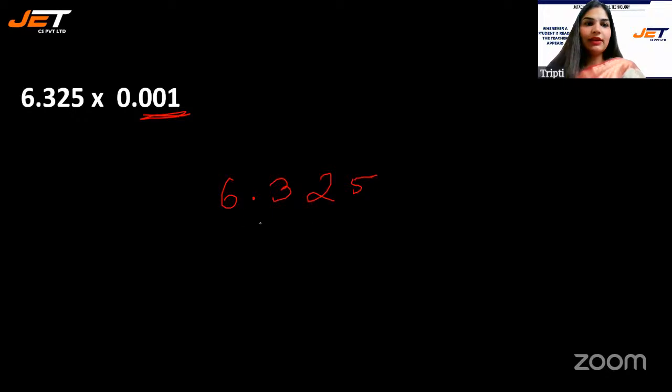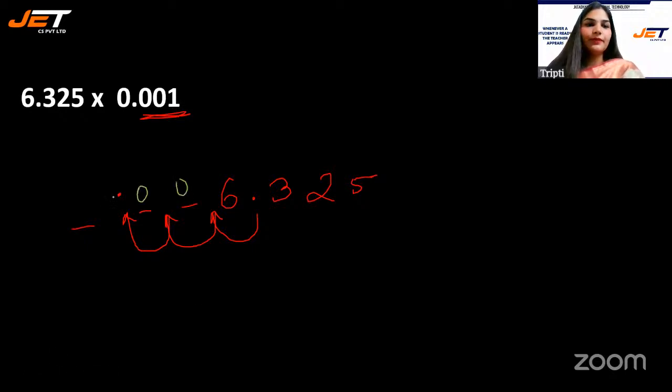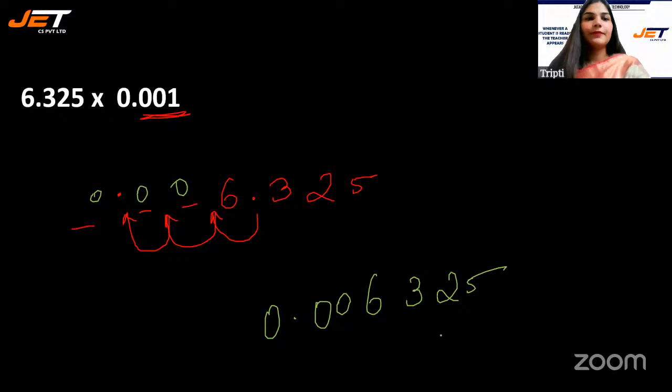Three places to the left. 1, 2, and 3. Putting a decimal here. Now I have two blank spaces and one here also. So what will I do? I'll just put 0 here. It is 0.00632.5. Okay.